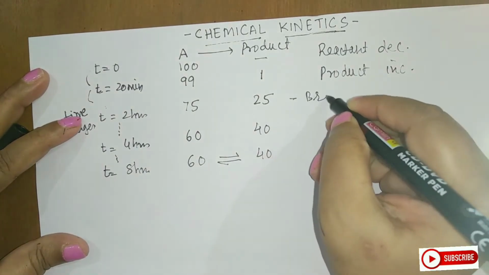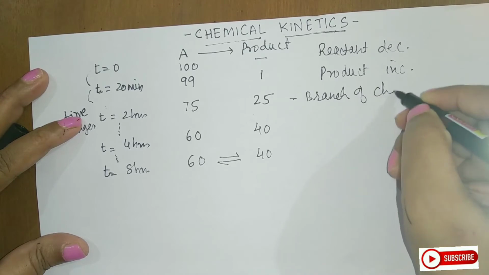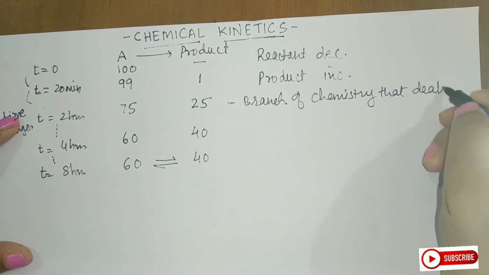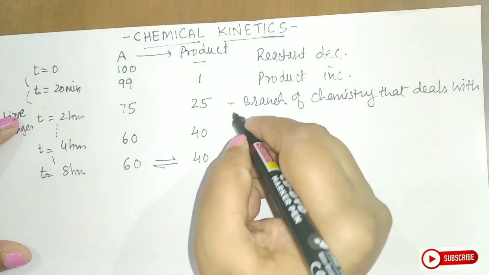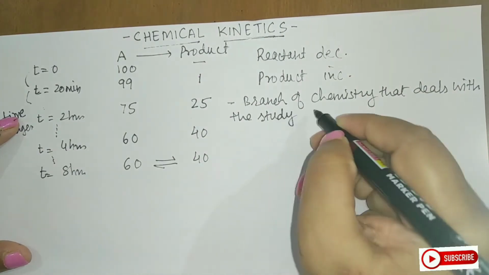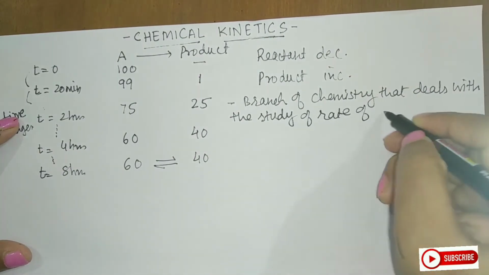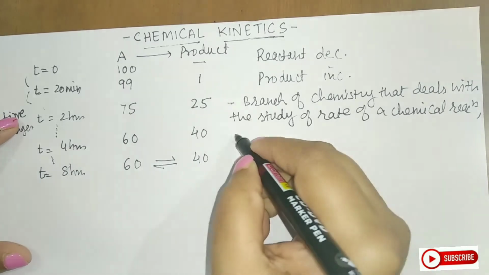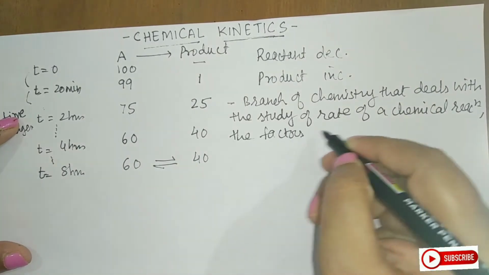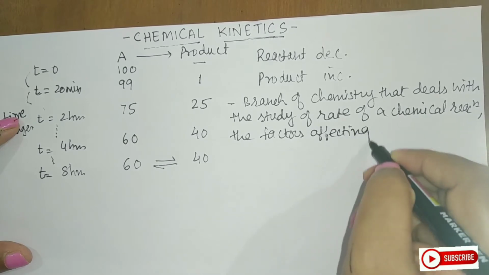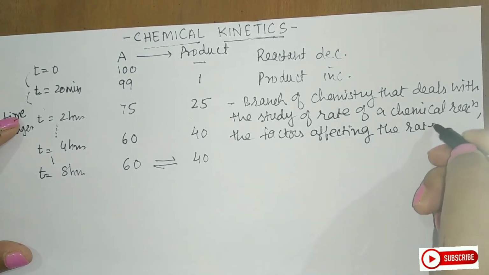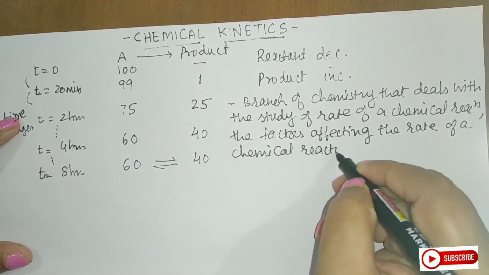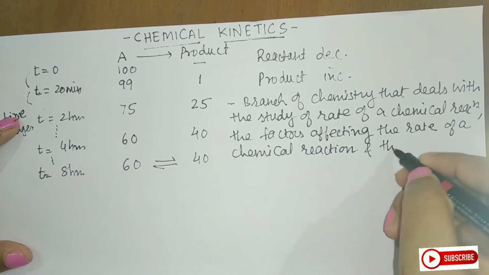It is the branch of chemistry that deals with the study of rate of a chemical reaction, the factors affecting the rate of a chemical reaction, and the mechanism.